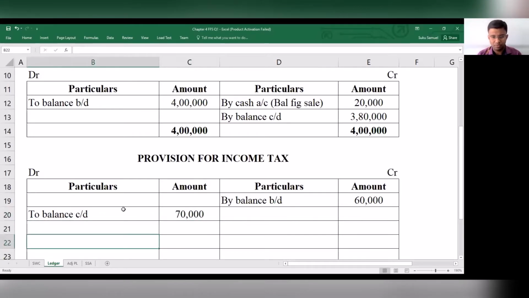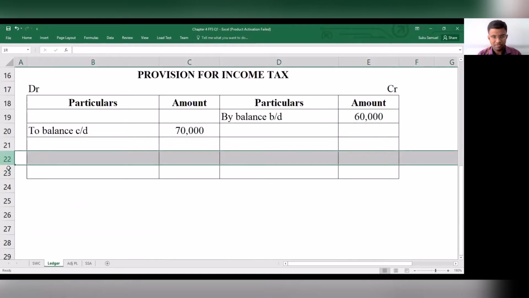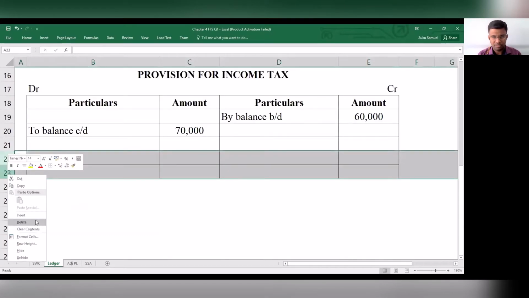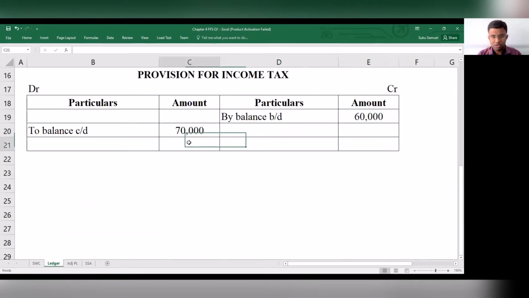So that also you have considered. Opening balance is 60,000, closing balance is 70,000. Now what do we have to account for? We will have to account for the additional amount of money that you have added. So how much have you added? You have added 50,000.